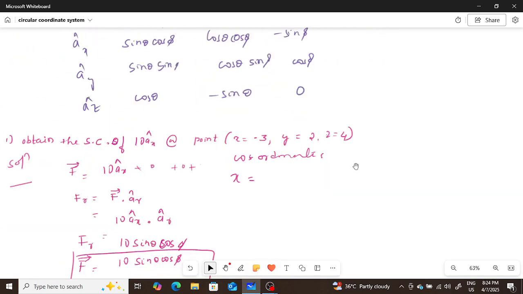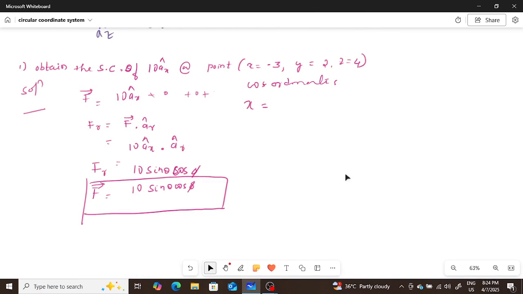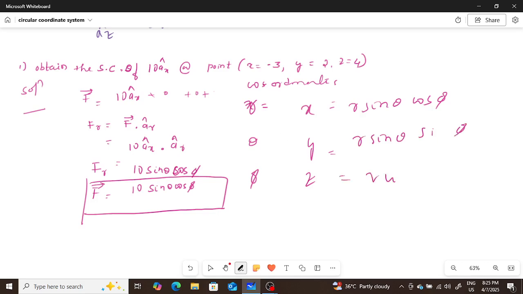So now you already know x, y, z. What you need to find out is r, theta, phi.